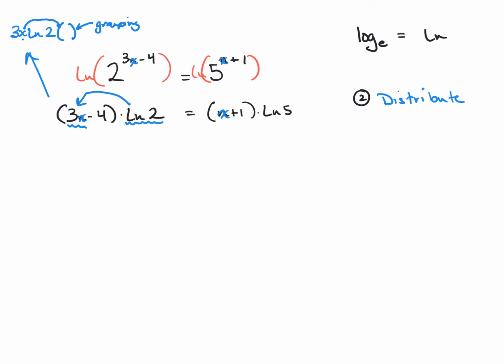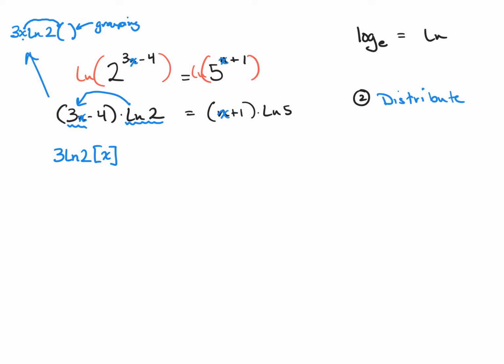I'm doing that because, in my mind, it's a little bit easier to see like terms in the end. So when I distribute this, as opposed to writing it as 3x natural log of 2, I'm going to write 3 natural log of 2, and then a bracket as a grouping symbol, x. I hope that makes sense.